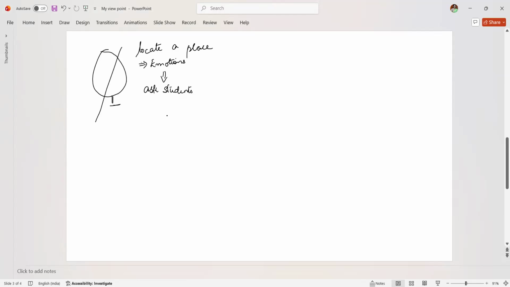The solution is, finally you have to arrive at the word zoom in. Zoom in at one particular place so that we can see places clearly.